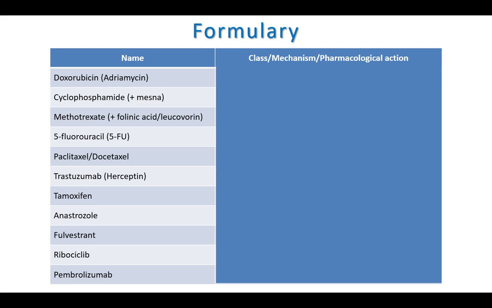Good. Do you know fulvestrant? Again, something similar. It's again hormone therapy. It's an estrogen receptor degrader or down regulator. It's a SERD. Instead of SERM, it's a SERD, selective estrogen receptor down regulator. So it down regulates those receptors. So similar effect.